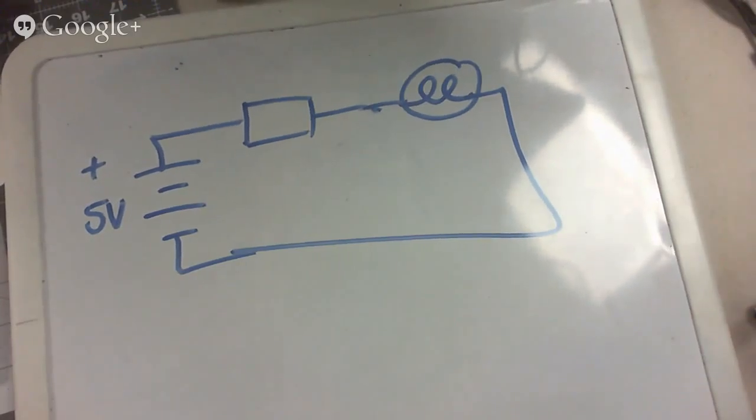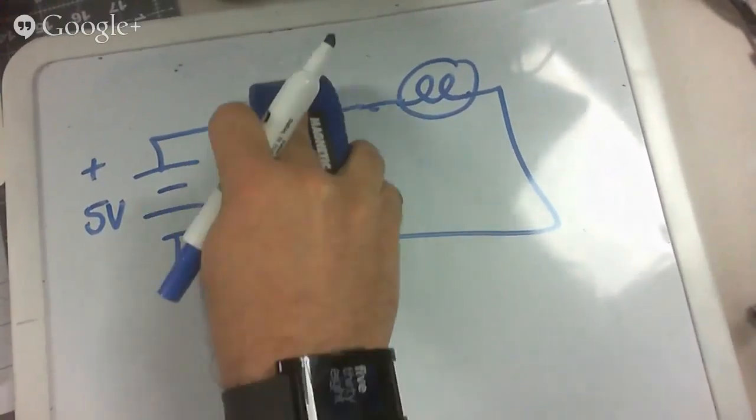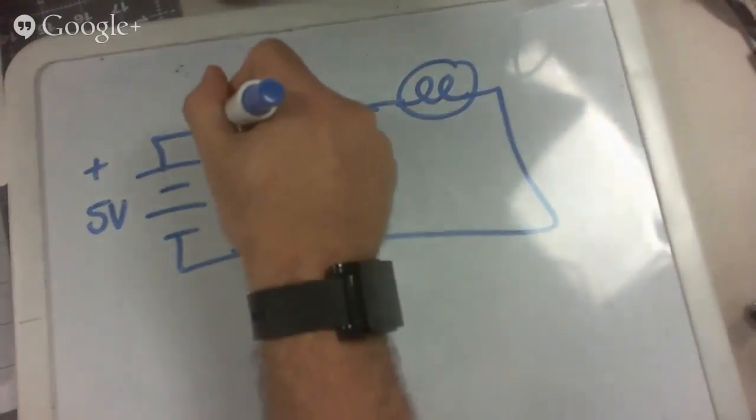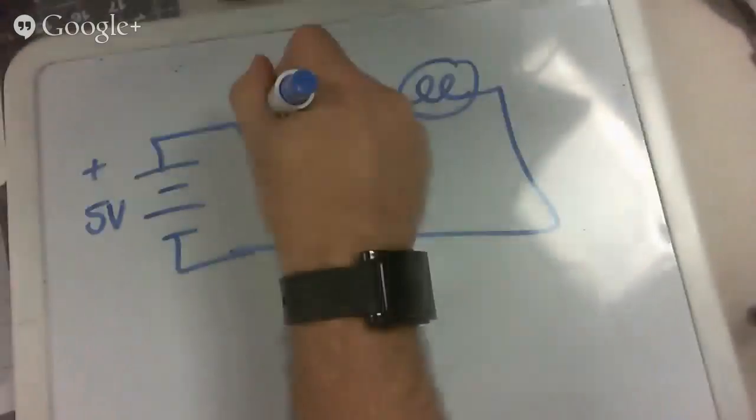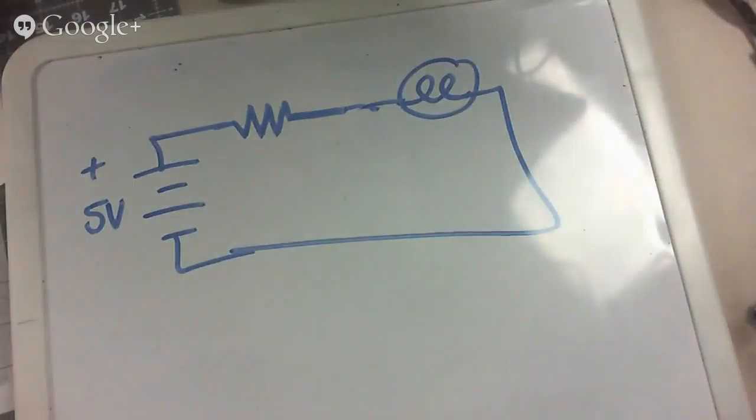So just be aware that resistors come in two symbols. I'm going to use the little squiggly, since that is just what I've always seen and used, and I'm going to stick with it.